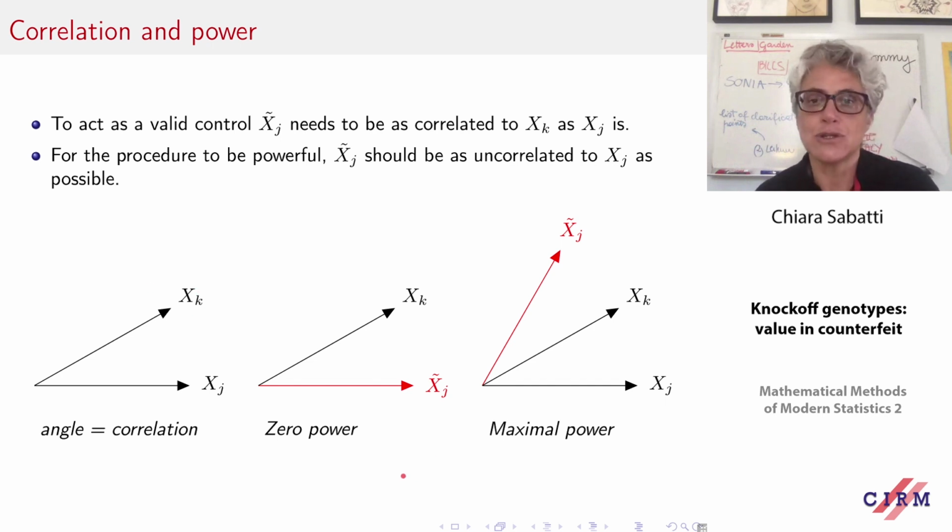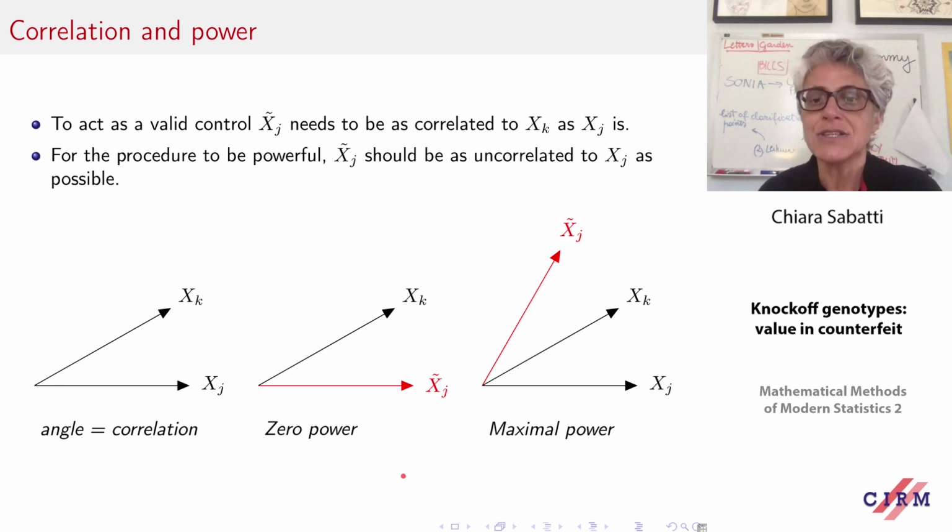One solution is to make xj tilde equal to xj. That certainly satisfies the correlation constraint, but we realize immediately that this will give us zero power, because when we check whether xj tilde or xj is more important for explaining the phenotype, we're going to get that they have exactly the same level of importance and we're never going to select xj.